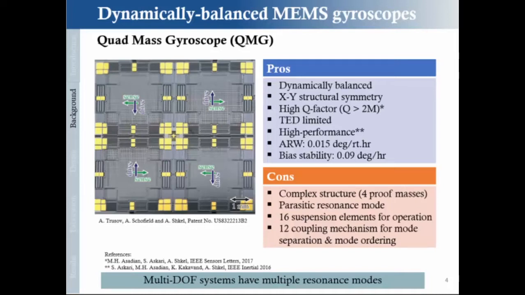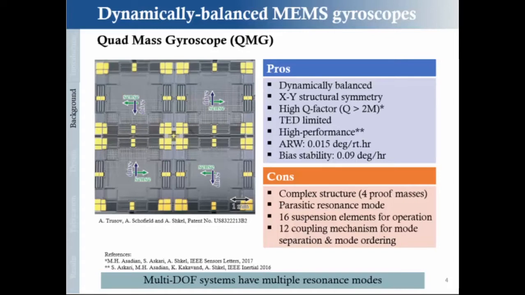And when z-axis rotation is applied, all 4 of these masses respond in antiphase mode. The way this device is designed, we have 0 reaction force and 0 reaction torque at every anchor point of the structure.